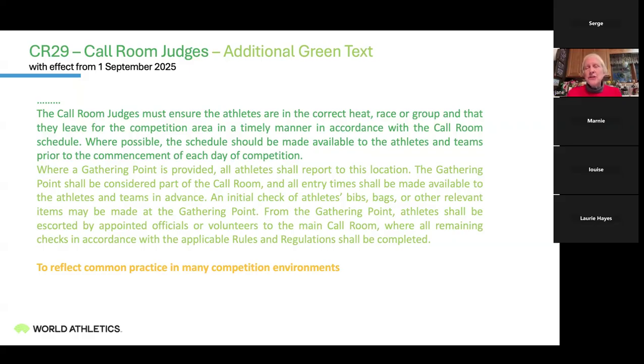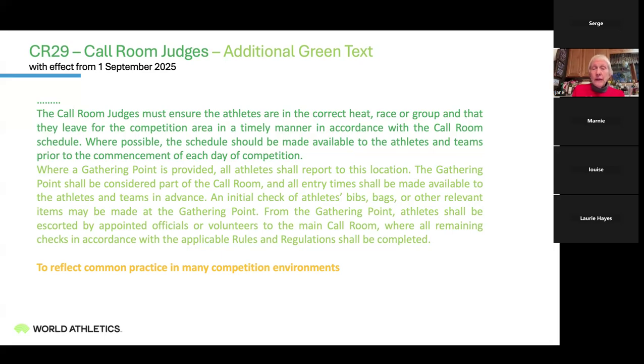It's just nomenclature. World Athletics has been calling it the gathering point for about the past 2 or 3 years, so it's now part of the rule book. But if you'd like, it could be call room one. When does the time start?